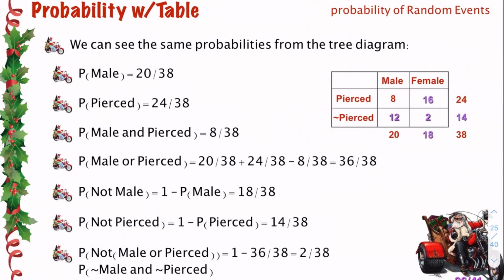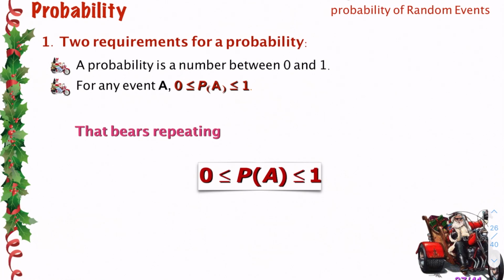Remember, we're always comparing to the sample space. What's the probability of being male or pierced? Well, we have 20 that are male or pierced. Well, we also have to include the 16 females that we didn't count for, which would give us 36 out of 38. So 3 different ways of visualizing the same thing.